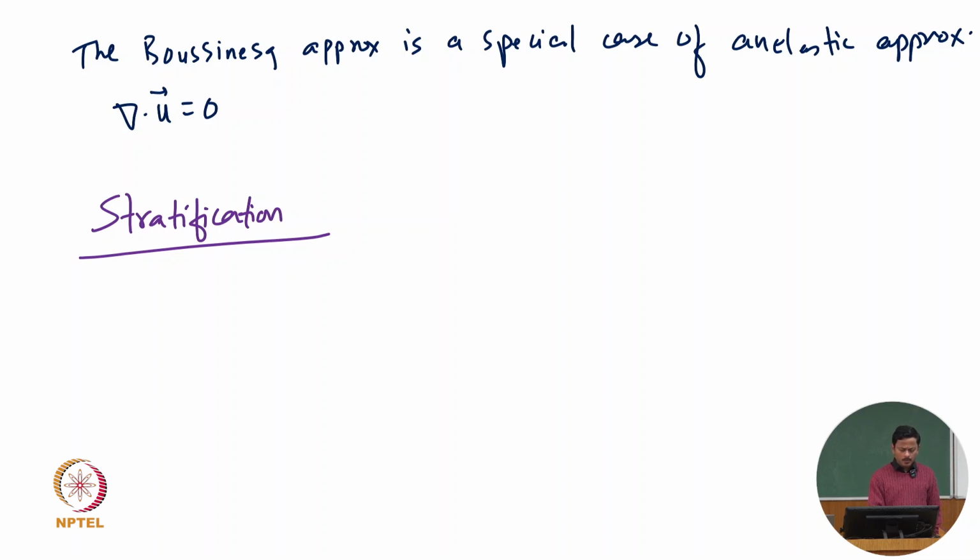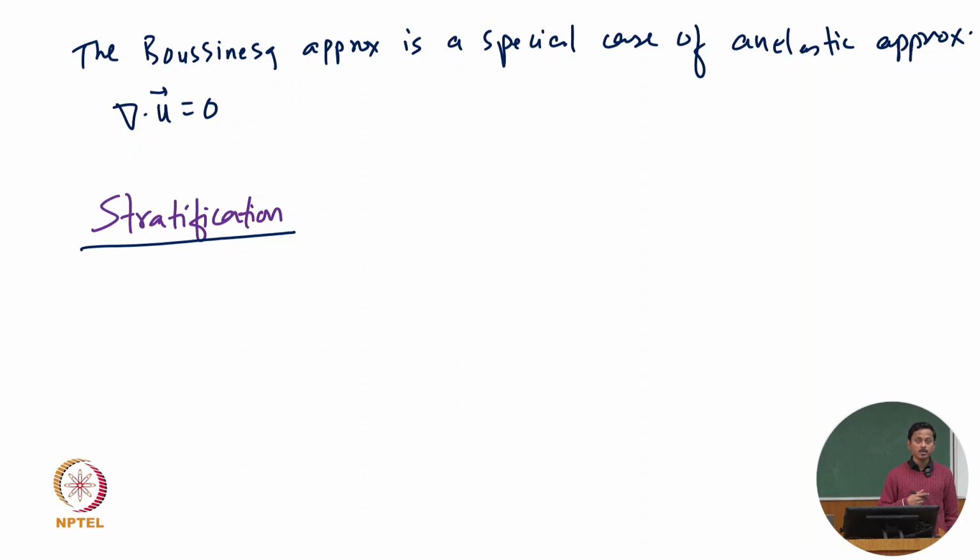Again, we are not going to change the momentum equations significantly, similar to how we did with the Boussinesq approximation, but understanding of this term will give us an idea of what kind of motion we can expect these equations to admit.